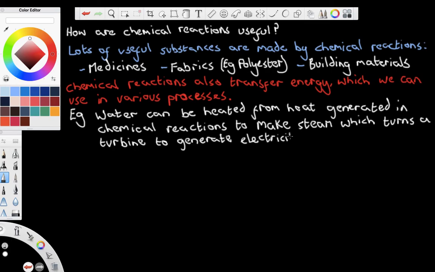So not only is it useful to make substances from chemical reactions, but we can also use the energy that is released in other processes.